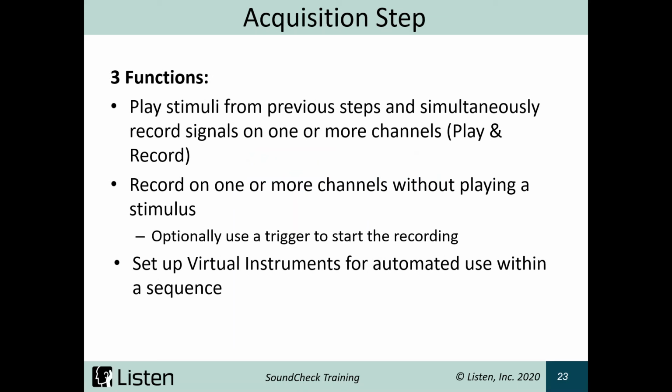The first is playing stimuli from previous steps and simultaneously recording signals on one or more channels. This step type is called a play and record. At once, within one step, we can go out as many signal paths as we want and record in on as many signal paths as we want.